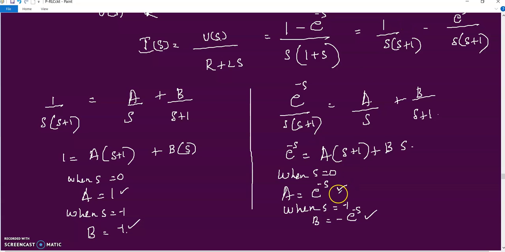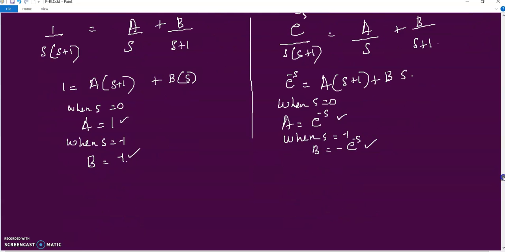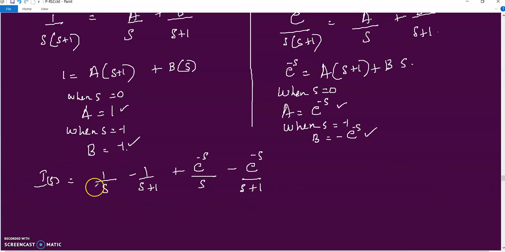The positive of the numerator will be A, the negative of the numerator will be B. So we can split I(s) as I(s) is equal to 1 by s minus 1 by s plus 1 plus e raised to minus s by s minus e raised to minus s by s plus 1. It's easier to remember. Okay, so we have written it like this.